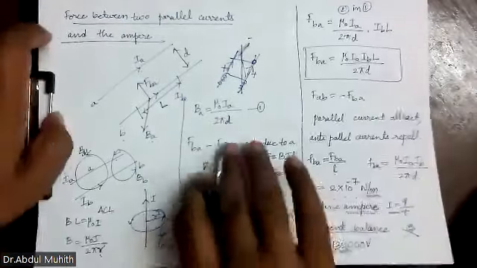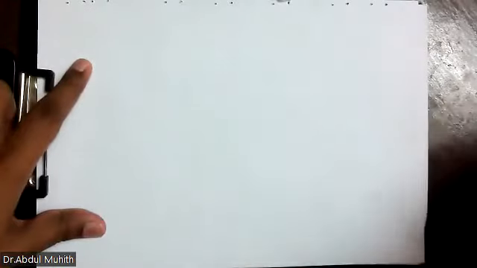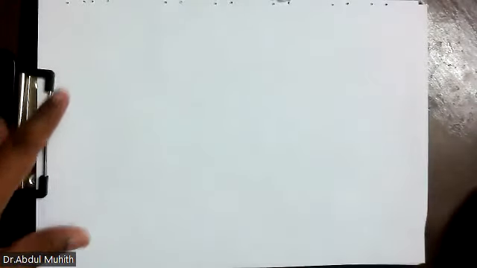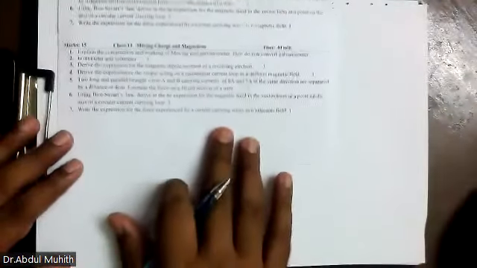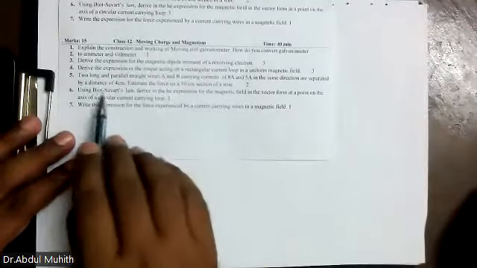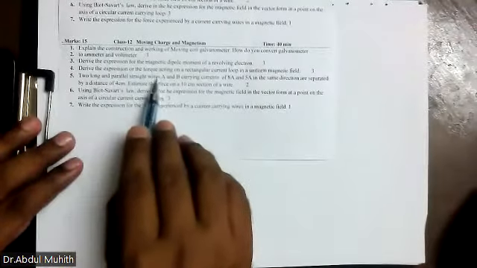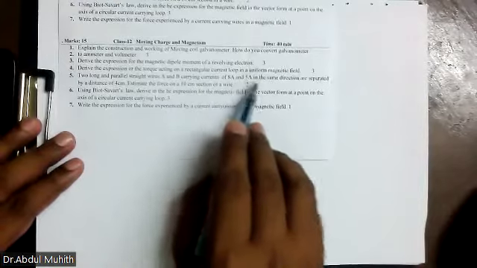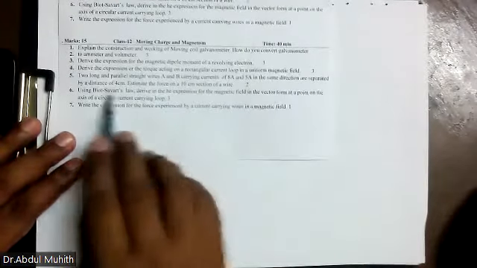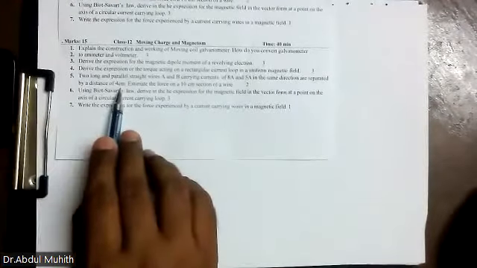So we'll do a numerical now quickly. Two long parallel straight wires A and B carrying currents 8 ampere and 5 ampere in the same direction are separated by a distance of 4 centimeter.